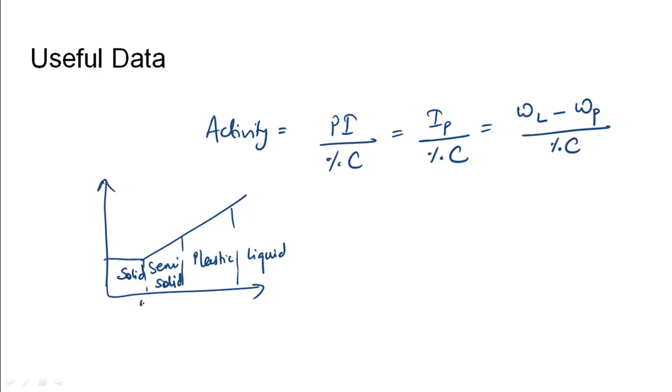This limit is called the shrinkage limit. Then semi-solid to plastic is the plastic limit, and then the liquid limit. So further than WL the soil behaves as a liquid, between WP and WL it behaves as a plastic, between WS and WP it behaves as a semi-solid, and less than WS it behaves as a solid.